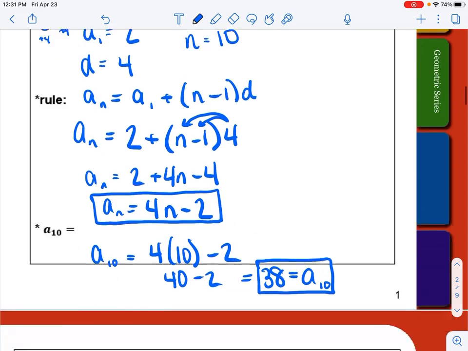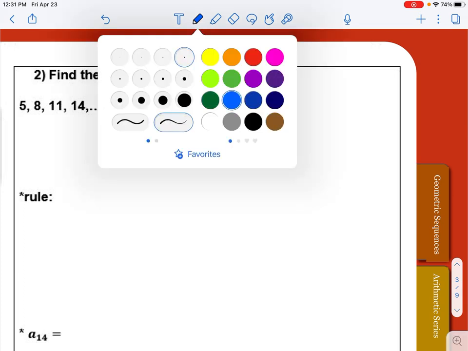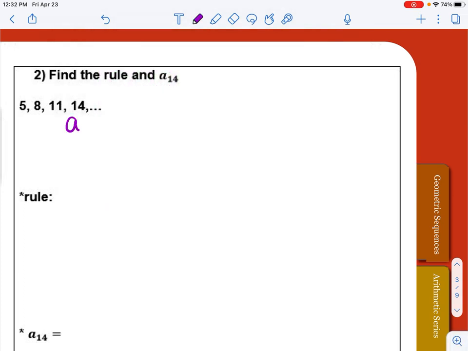All right, we do have another one like this. Go ahead and pause me if you want to try it yourself. If not, here we go. So we have a sub 1. That's our first term. That is 5. Our difference here is that we are adding 3, so it's a common difference.